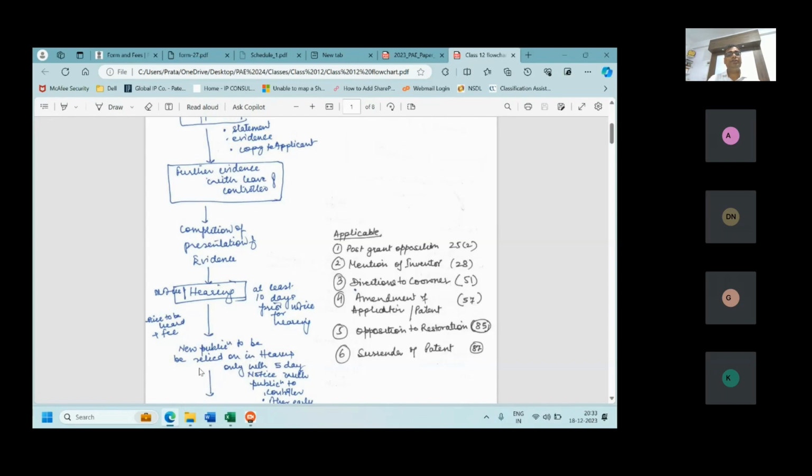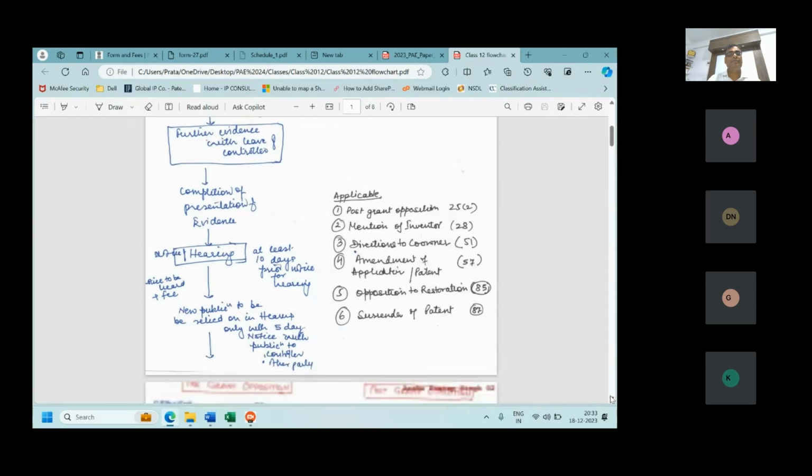Now comes the new publication to be relied on in the hearing, only with 5 days' notice. Suppose you found a new publication you want to rely on. Then you have to give this publication to the controller and the other party at least 5 days before the hearing. Otherwise, in the hearing, the controller will not be able to consider it.